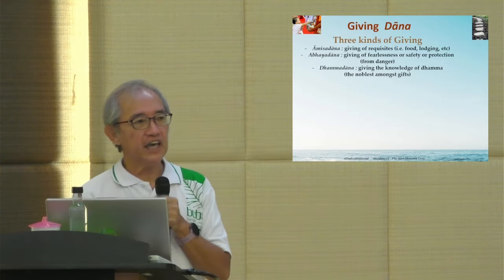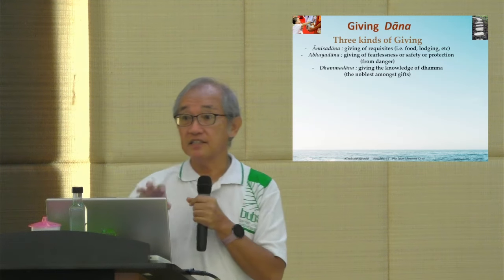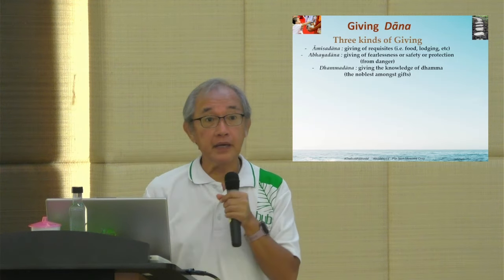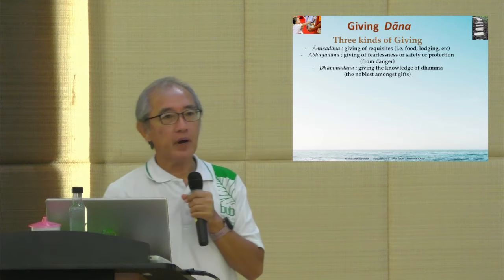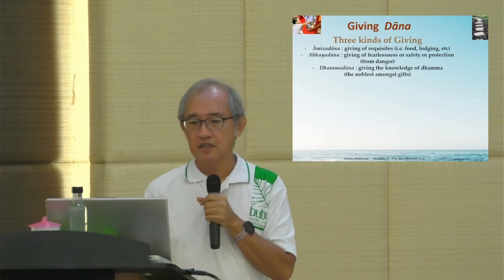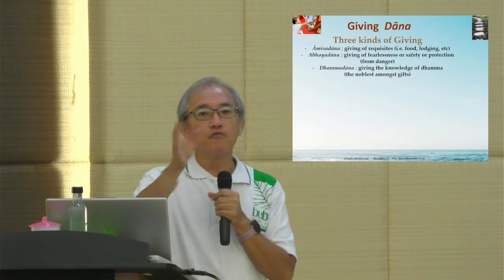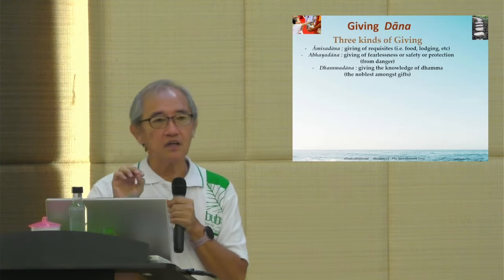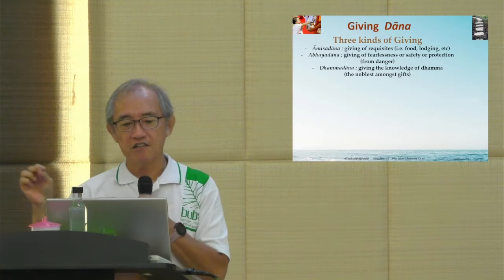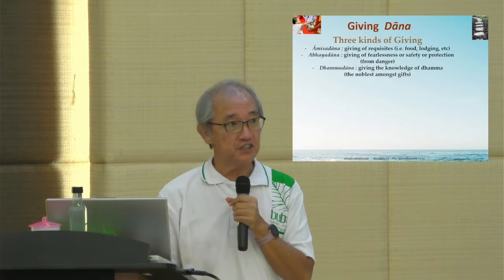Bhaya, B-H-A-Y-A, is an Indian word. When it came to Malaysia, it became bahaya. Bhaya means fear. You put an A in front, it means no fear. Abhaya itself means no fear. So it is the giving of fearlessness, of safety, of protection from danger.